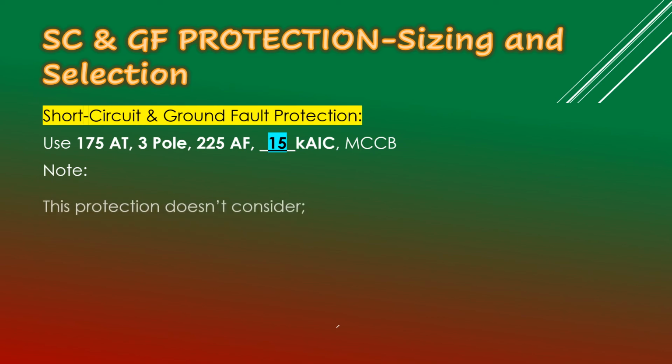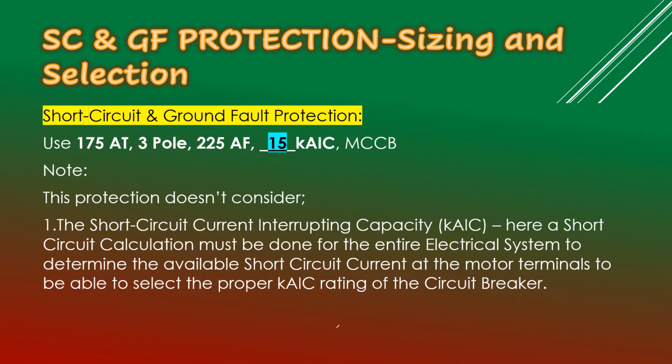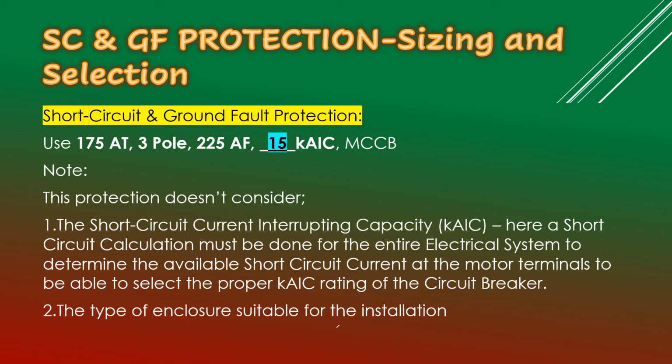But note that this protection doesn't consider the short circuit current interrupting capacity kAIC, because here a short circuit calculation must be done for the entire electrical system to determine the available short circuit at the motor terminals to be able to select the proper kAIC rating of the circuit breaker. Number 2, type of enclosure suitable for the installation.